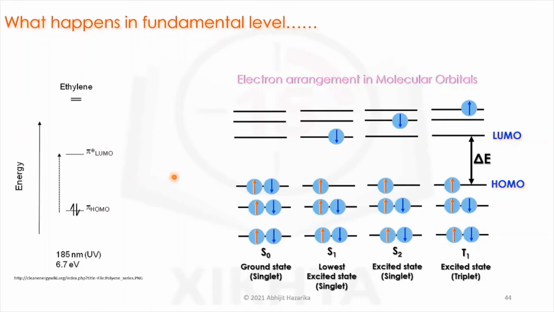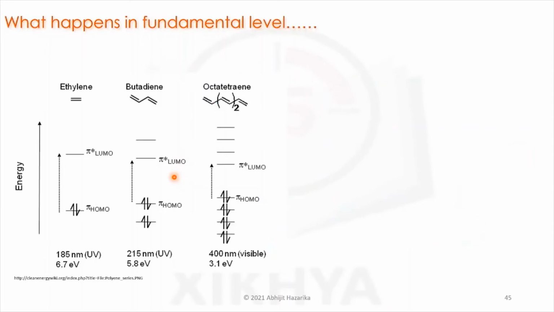nanometer. If we extend the conjugation and go to butadiene, then we immediately see that the HOMO-LUMO energy gap reduces. It's like 5.8 eV or 215 nanometer. If you go further to octatetraene, the extent of conjugation is increasing, and accordingly the HOMO-LUMO energy gap is further decreasing.